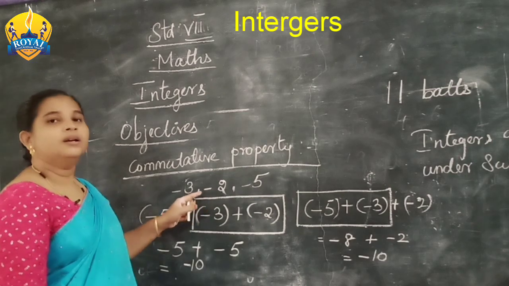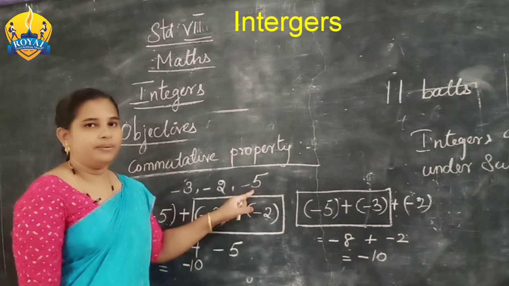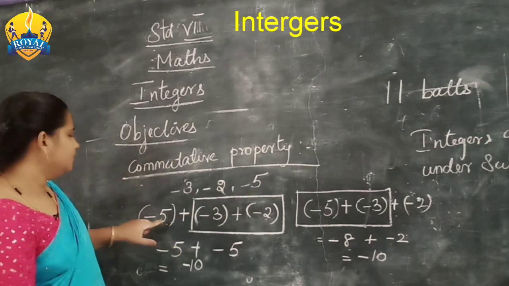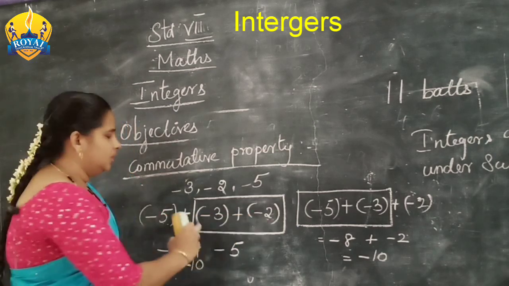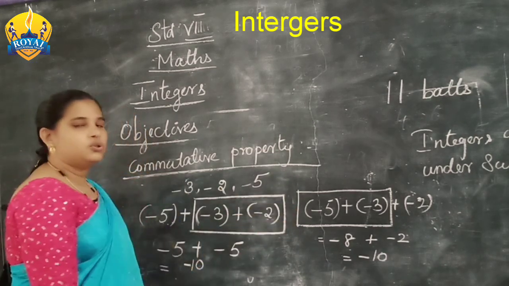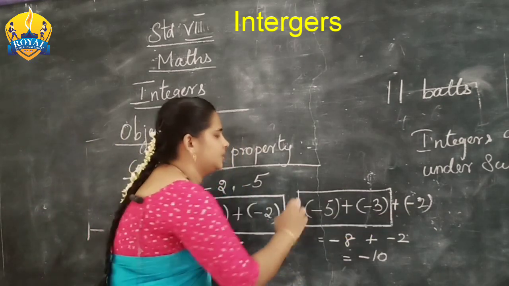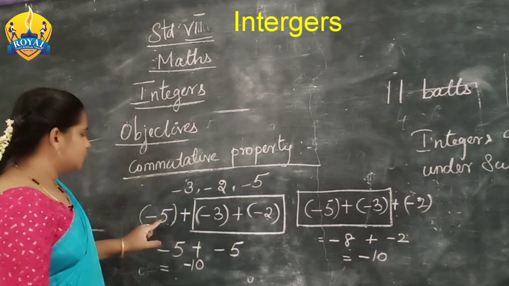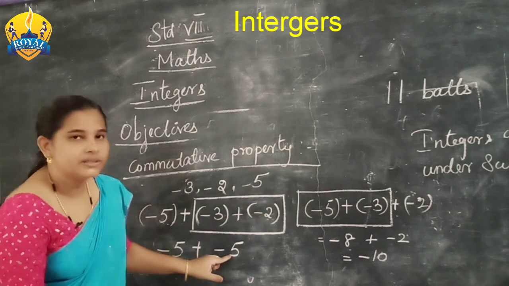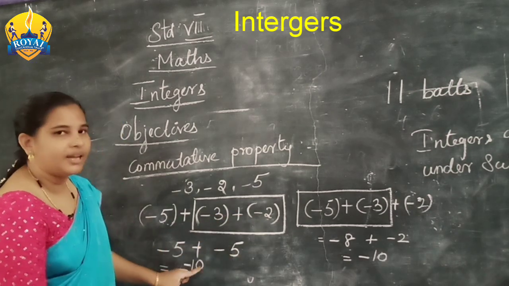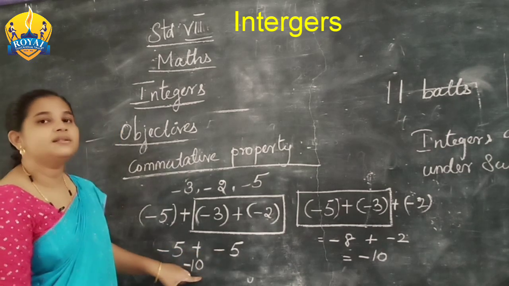Again, one more example, minus 3, minus 2, minus 5. Minus 5 plus minus 3 plus minus 2, these are grouped together. Minus 5, 5 plus 5 is 10, so minus 10.